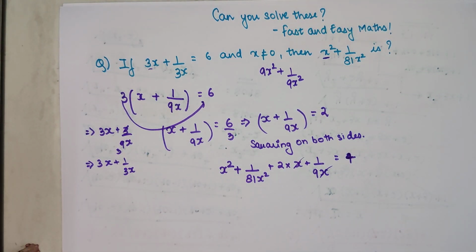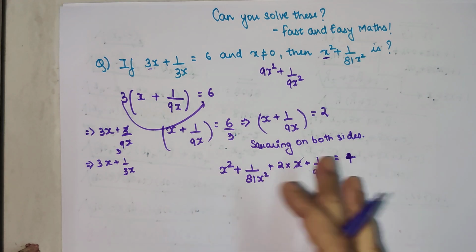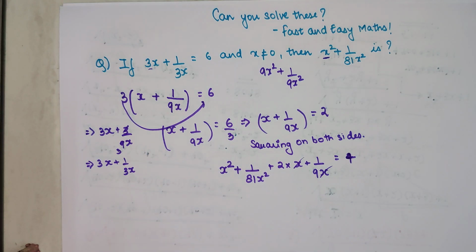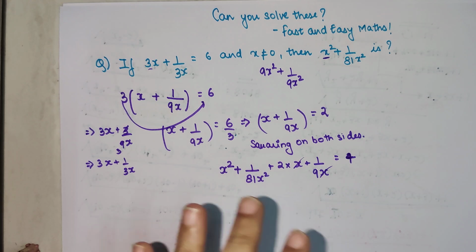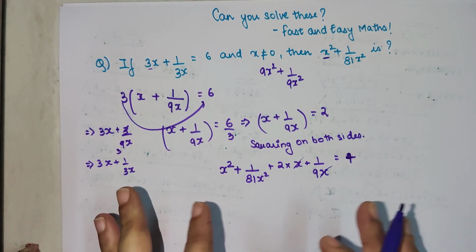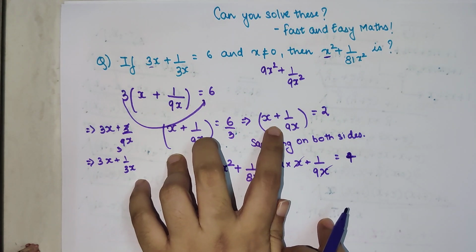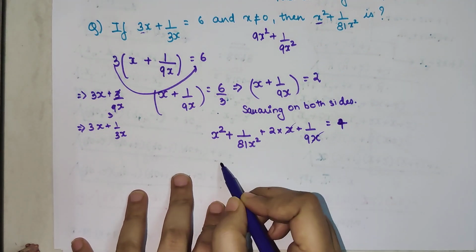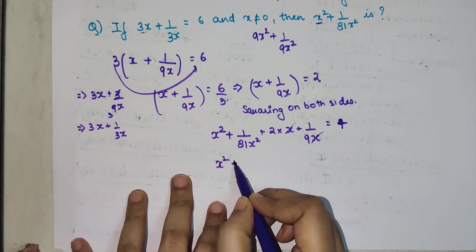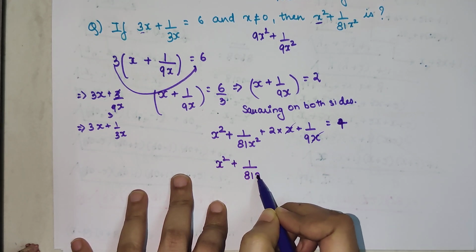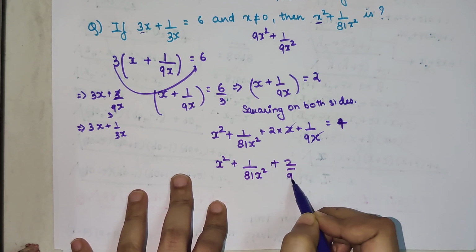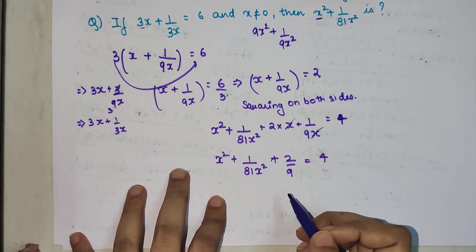This is very important for everyone to remember: whenever you have something like this, if you are squaring it, the middle term will be left alone. It will just be a simple number. It will never have any of the variables, especially when you have something like this, x with a reciprocal of x. Okay, so now you will get x square plus 1 upon 81 x square plus 2 upon 9, which is equal to 4.